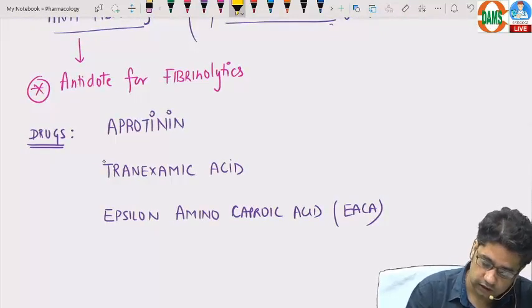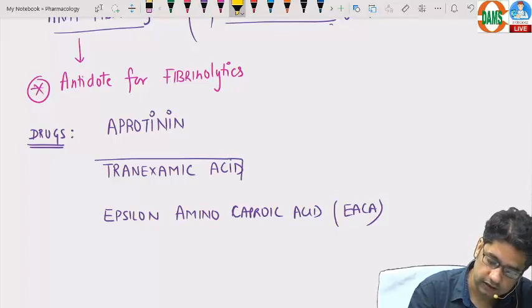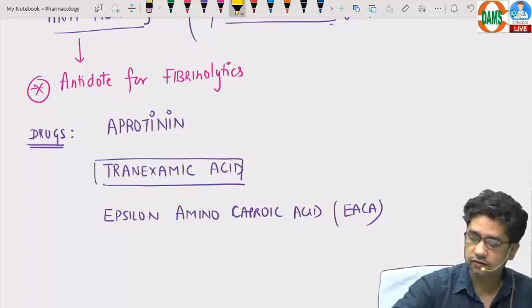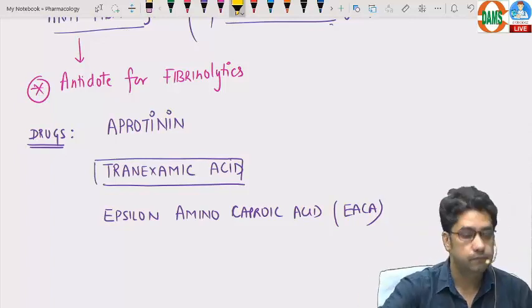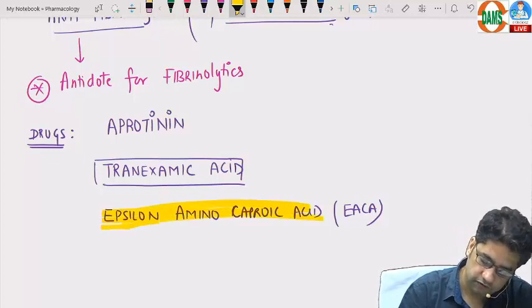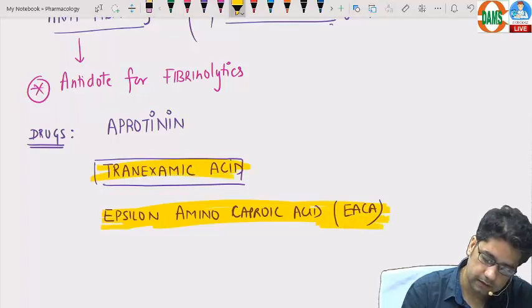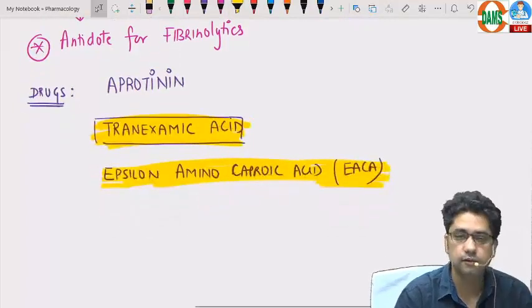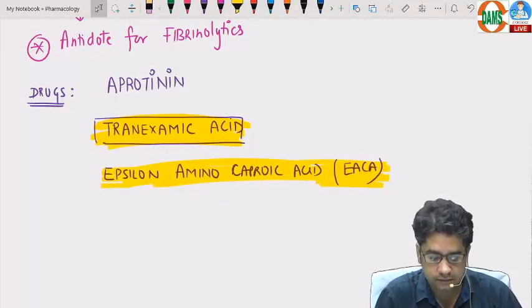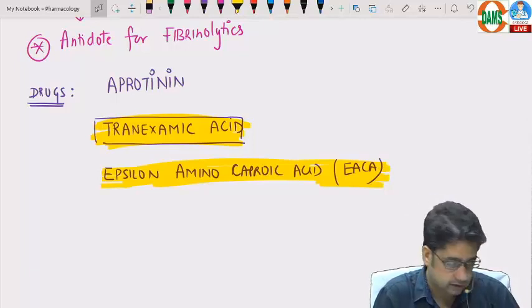You cannot afford to forget these two drugs. This is very important for you. इनको मत भूलिएगा, गलती से भी मत भूलिएगा इनका नाम. ठीक है, आई हैव टोल्ड यू दिस पॉइंट 3 times. ठीक है, इनके नाम नहीं भूलने: ट्रेनक्सामिक एसिड, एप्सिलॉन एमिनो कैप्रोइक एसिड.